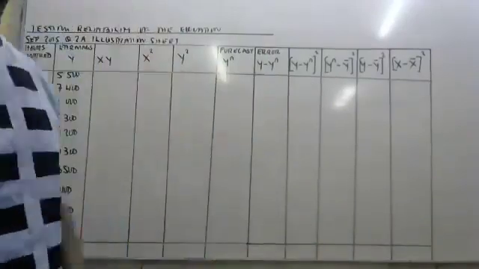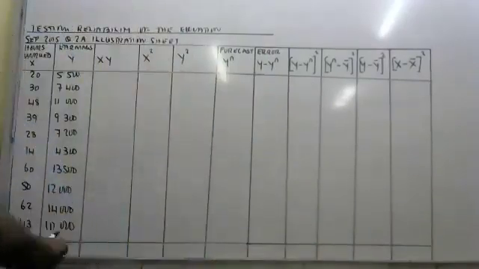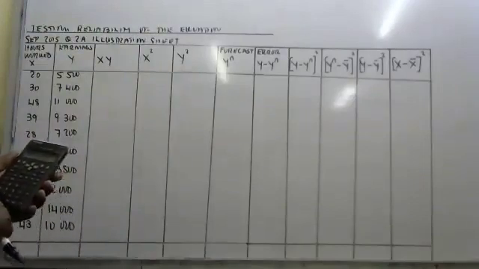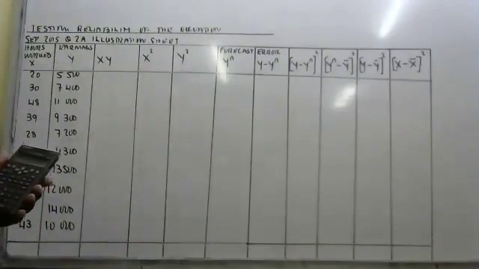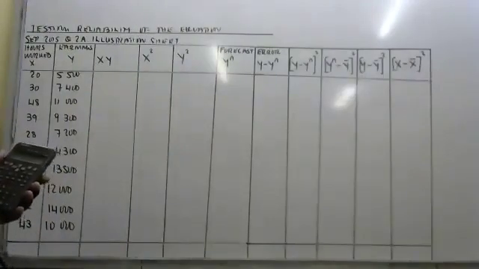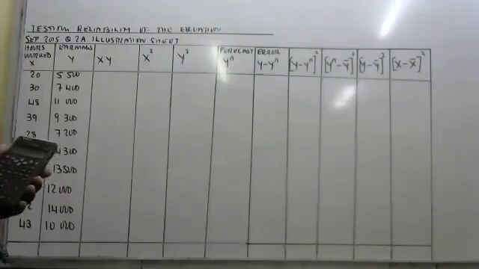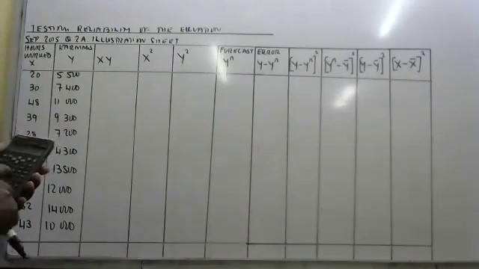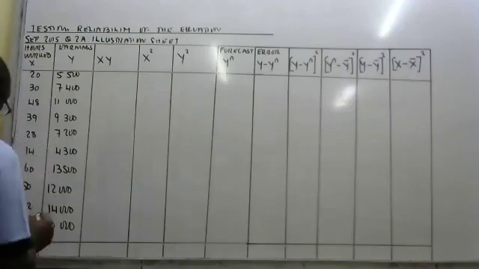So take a calculator, let's find the total of hours worked. So hours worked, we say 20 plus 30 plus 48 plus 39 plus 28 plus 14 plus 60 plus 50 plus 62 plus 43 equals 394.